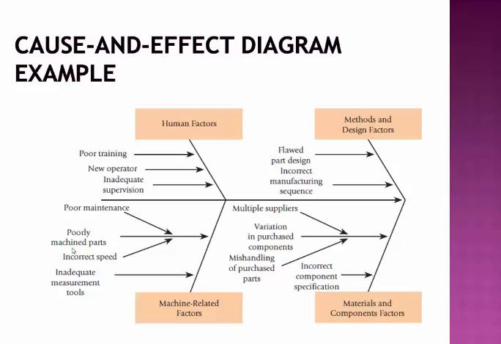All right, so using this chart, we could figure out what is causing our problem. Our folks would get together, we would analyze, and we would figure out what's going on.